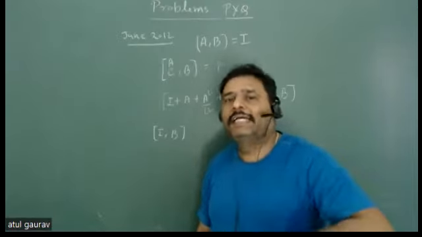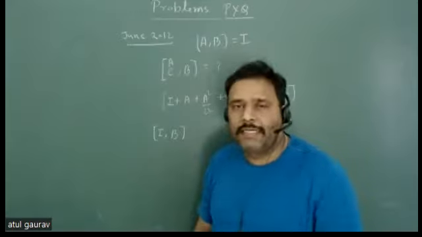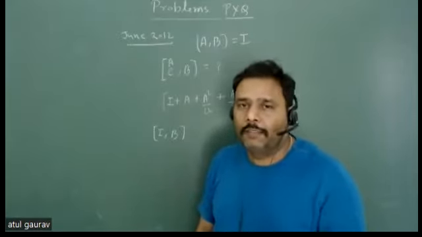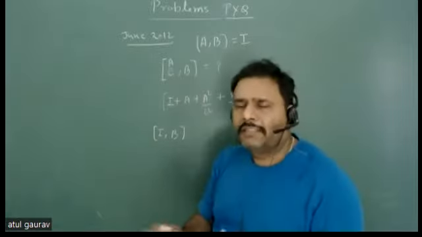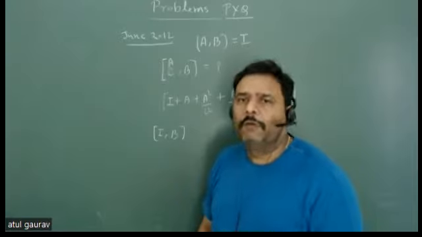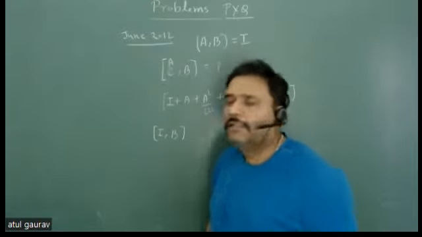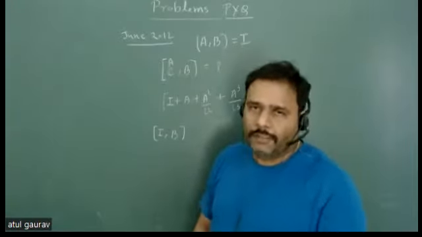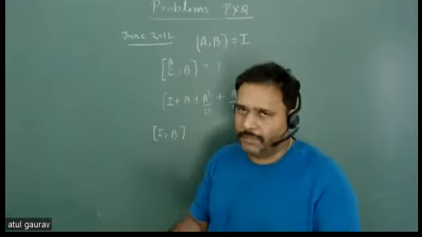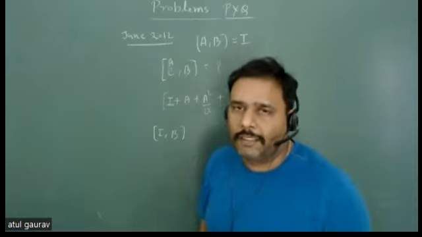Whenever A can be diagonalized, then you can use this. If it is not diagonalizable, then obviously it is problematic. But A and B are operators, so we can assume that they are diagonalizable, since they are operators associated with some physical quantity, on the basis of some matrix, on some vector.